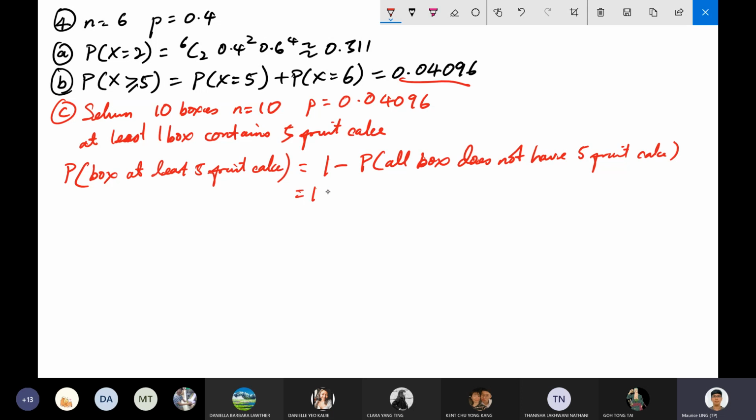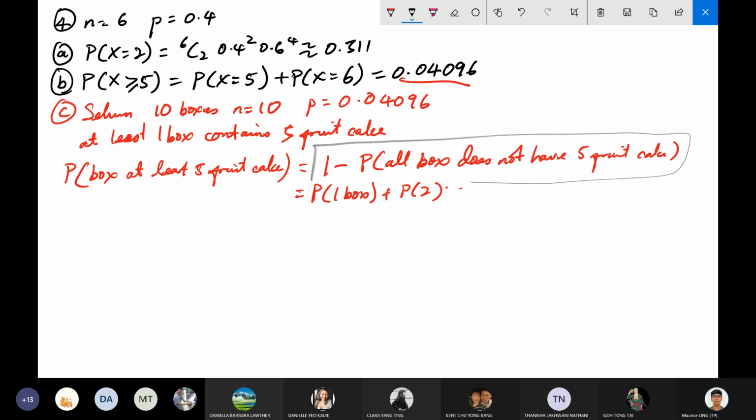You can take the probability of one box plus the probability of 2 boxes and so on. So you do all 10 boxes. So presumably you want to do this. So let's work it out here. It's 1 minus the probability of the number of boxes being 0.